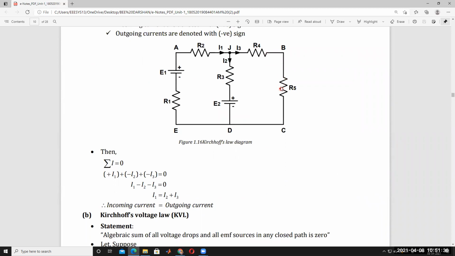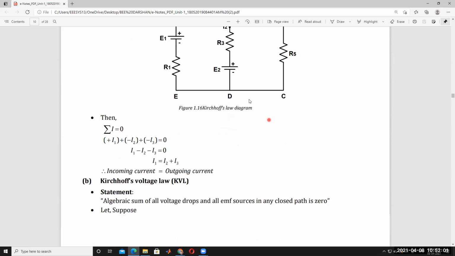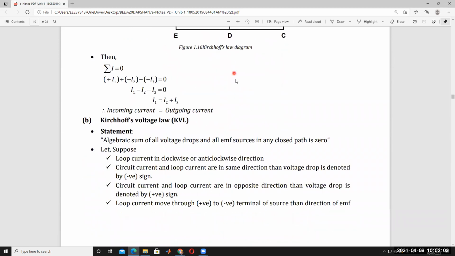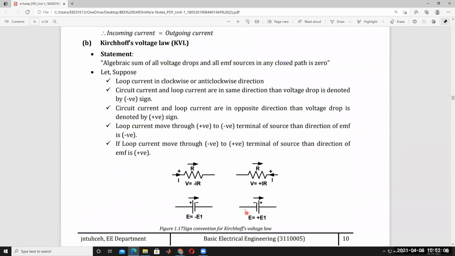And then coming here, this loop current and this branch current are both the same. That's why minus; this current is the same here, since in a series circuit the current is the same. So what is the current here? I3, and here also I3. Current does not divide in a series circuit. That's why I3 into R5. So minus I3 into R4, minus I3 into R5, and then it enters the battery negative terminal.